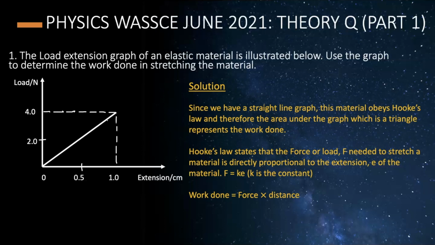If we just take this equation, force times distance for work done, you might be tempted to just say, well, force here is load, which is given as 4 Newton, and the extension here, which is like your distance, is given as 1 cm. You could just multiply the 2, and that's your work done. But that's not exactly what you are looking for here.